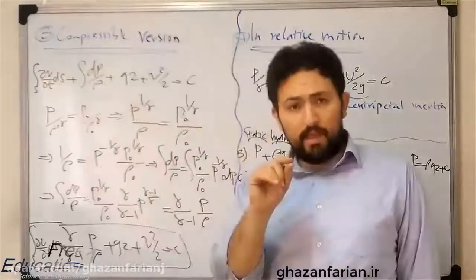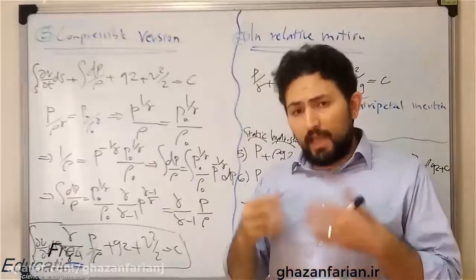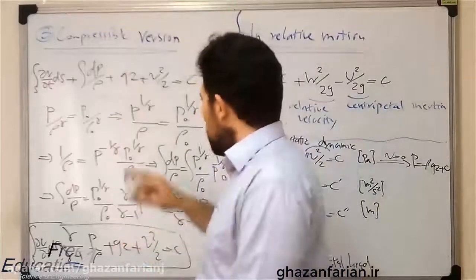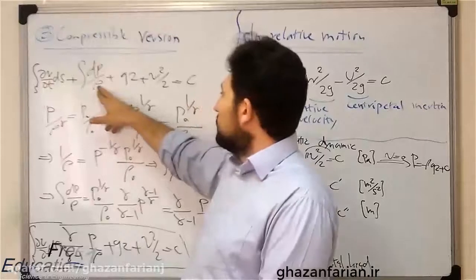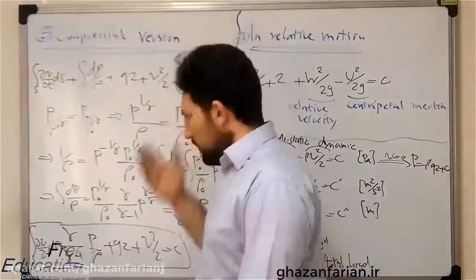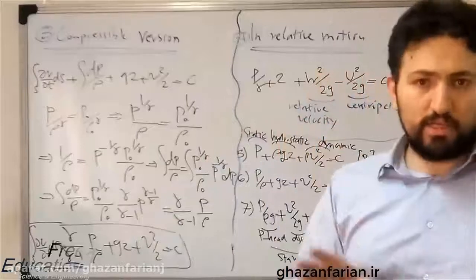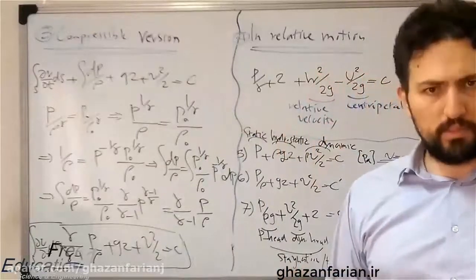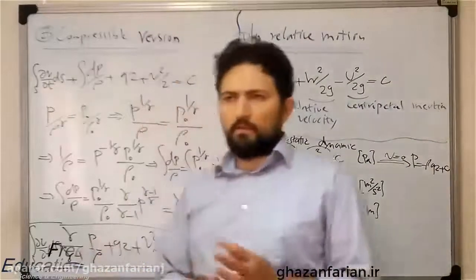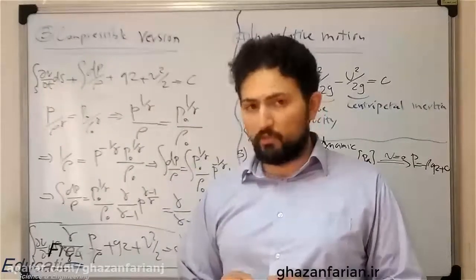I have to specify the thermodynamic process which the gas experiences. When I say the flow is compressible, the dependency of the density on the pressure depends on the thermodynamic process. One of the most important and most common thermodynamic processes is the isentropic process, since many applications are adiabatic and also reversible.